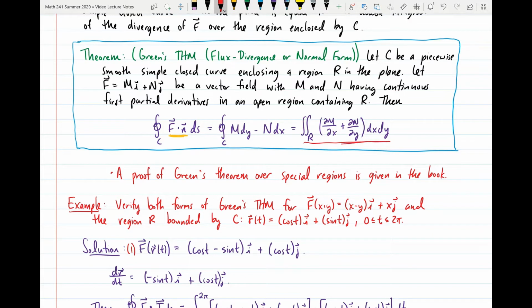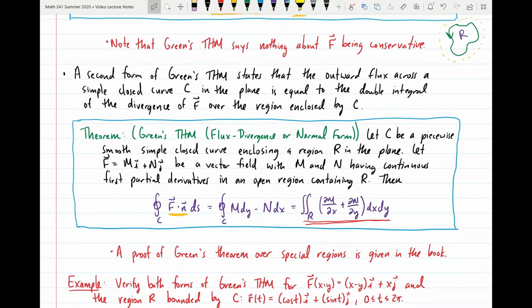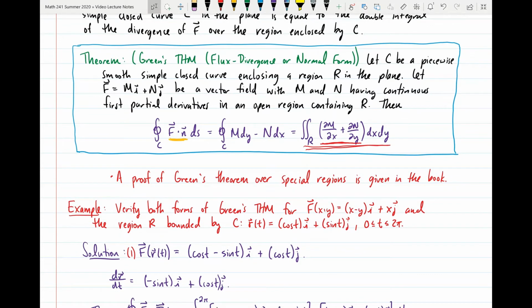Now we have the double integral of the partial derivative of M with respect to x plus the partial derivative of N with respect to y over the region R that's being enclosed by the simple closed curve C. And again, you should recognize that our integrand here is related to the flux density that we just found in the first half of section 16.4.